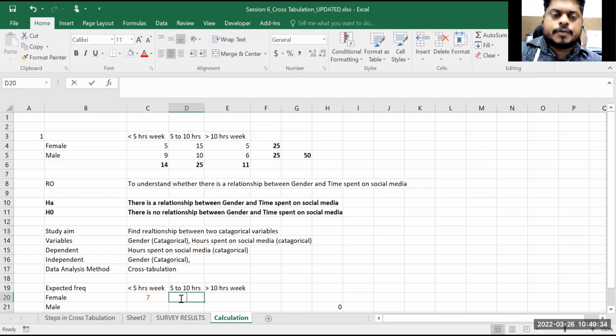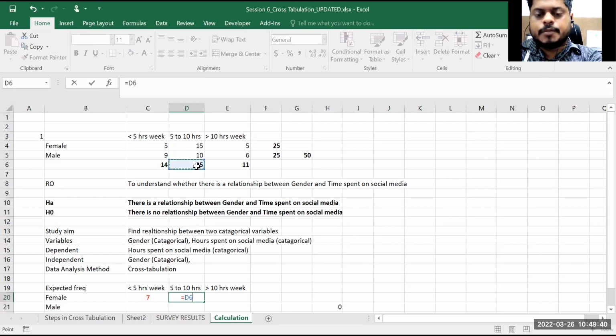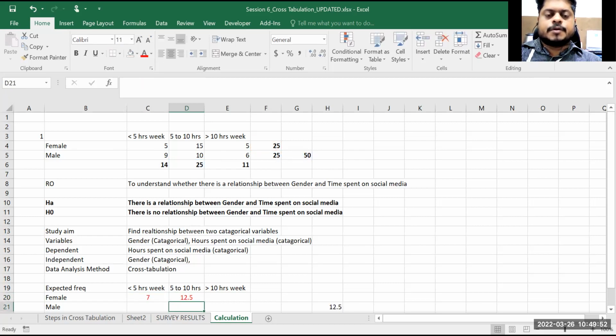So same thing I'll try to find out for the second one. So 5 to 10 hours. So this is the second column, 25 multiplied by, again female, so 25 divided by my total number of observations, that is 50.